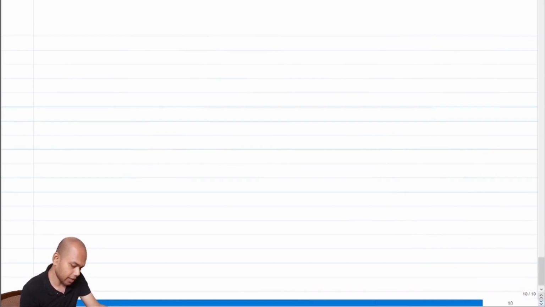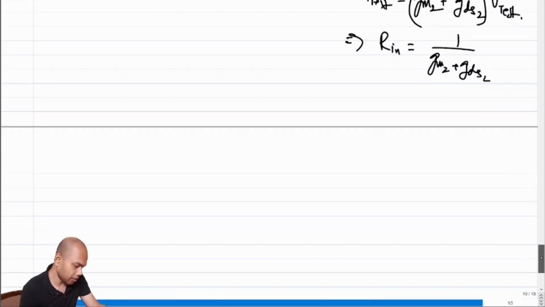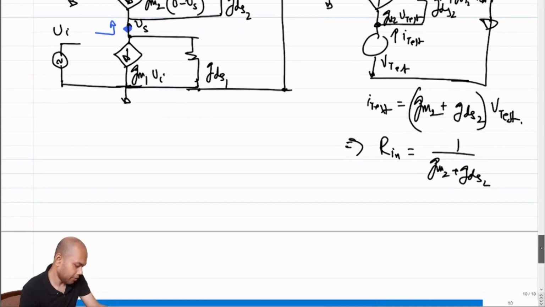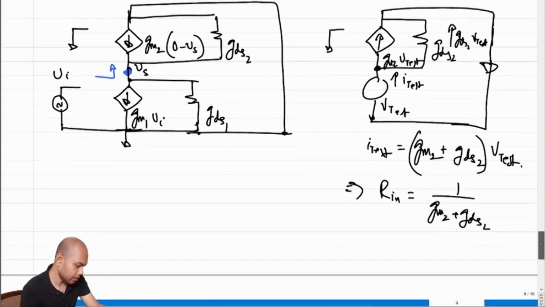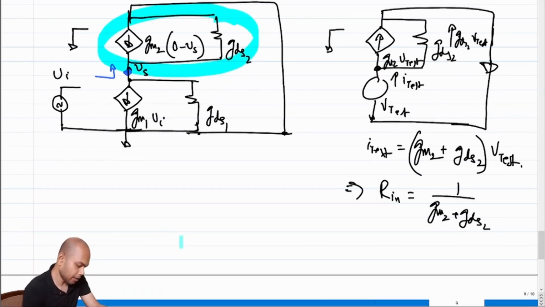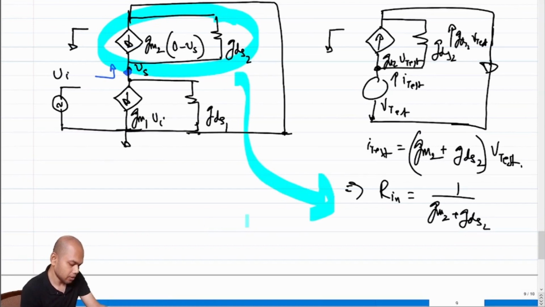So in essence, I can ease my work and replace this entire contraption with a resistance, this resistor. So let's do that.